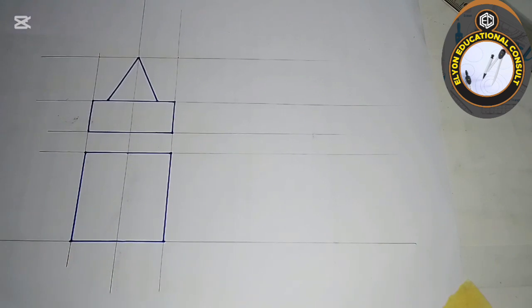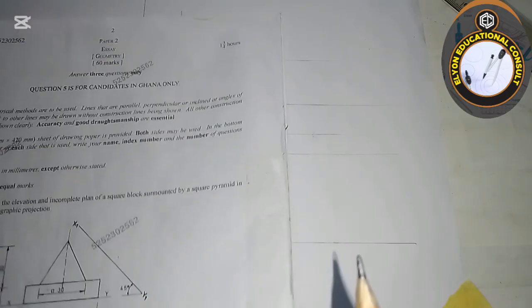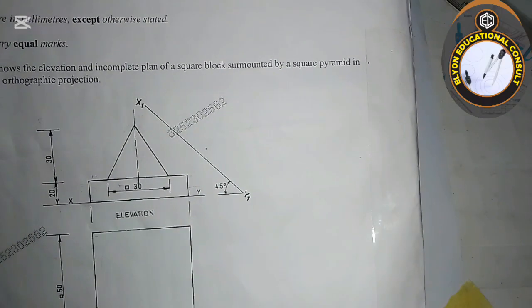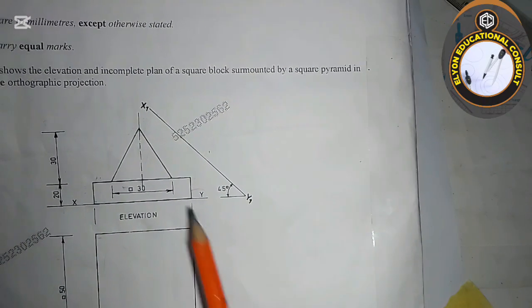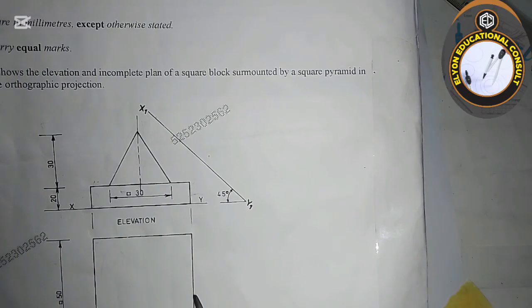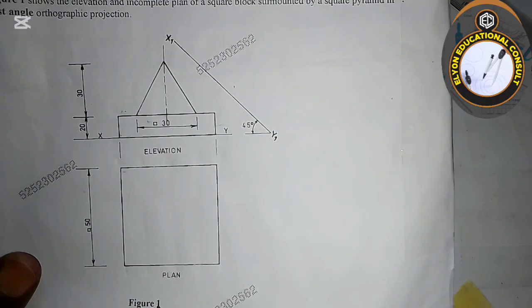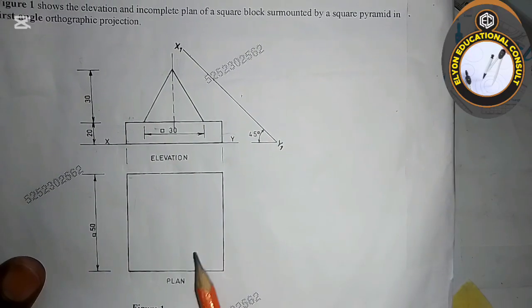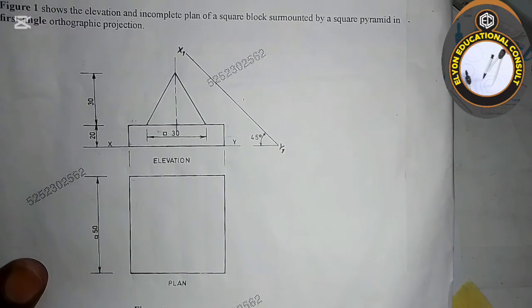To understand this, there may be need for you to make a rough sketch of how to make the rough isometric sketch of this figure. So you must be able to know how to convert orthographic projection to isometric projection.